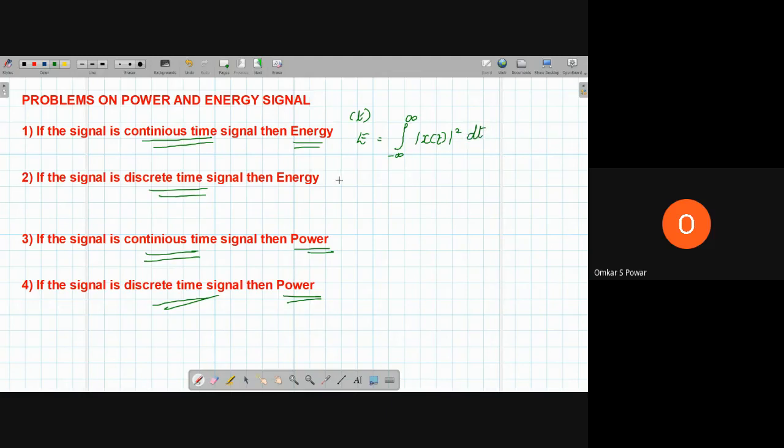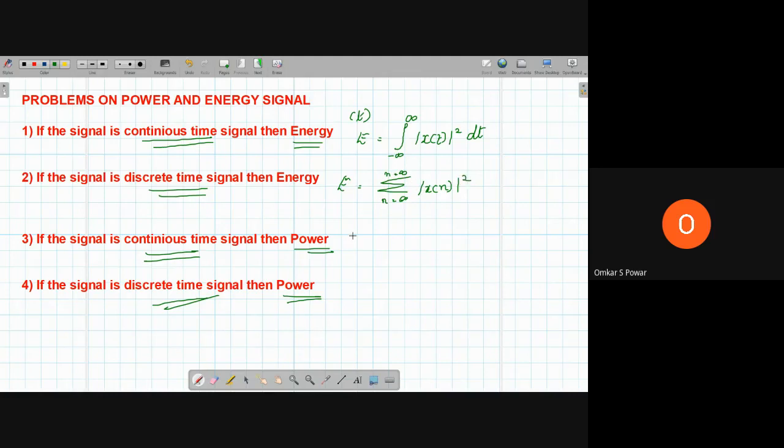This is for a continuous time signal. If it is a discrete time signal, energy E is equal to the summation, n varies from minus infinity to infinity, of mod x of n the whole square.